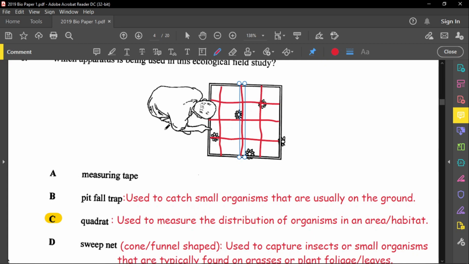This is a good way to study organisms. You toss this in an area, then check the squares and see how many organisms are present, and then you can estimate how many organisms will be present in a particular area. That's a very good way to do a field study.